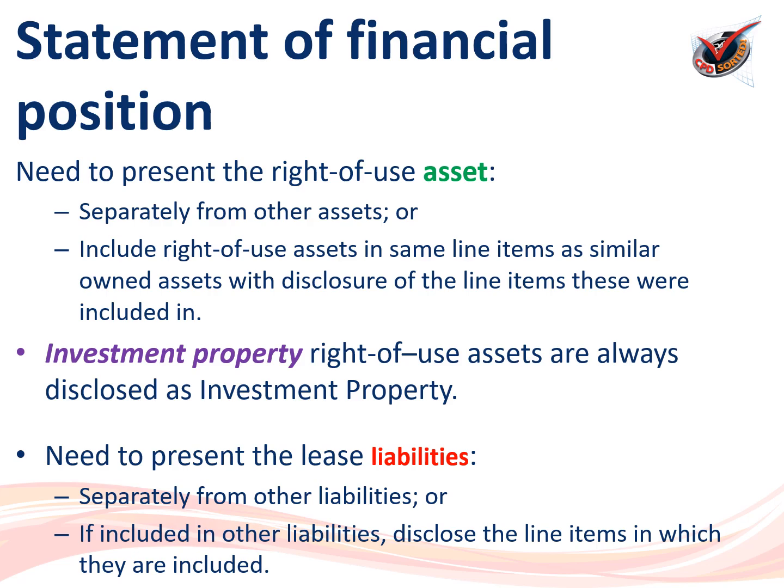And the right of use asset could be included in the same line as similar owned assets, with disclosure by way of the notes or somewhere, which would give an indication of the value of right of use assets included in the same category.